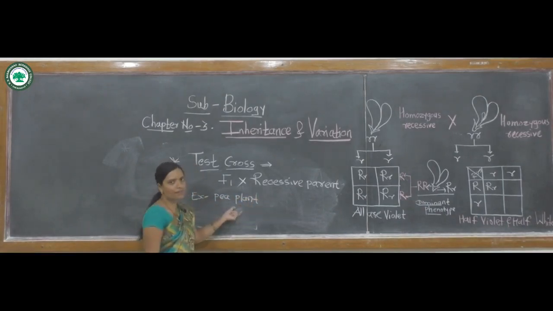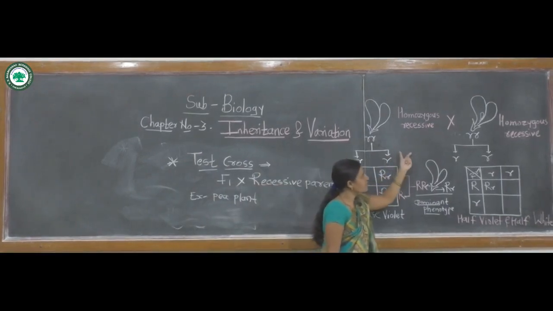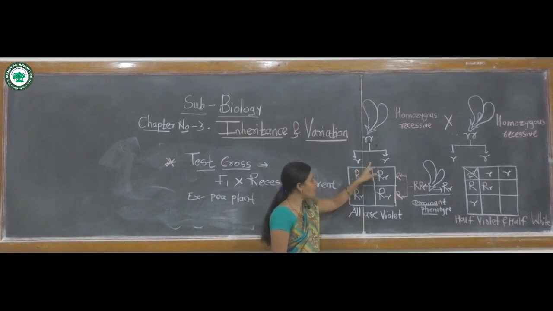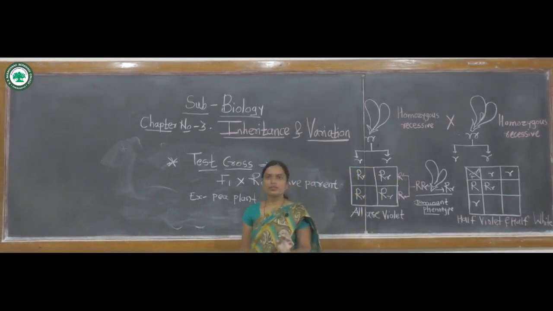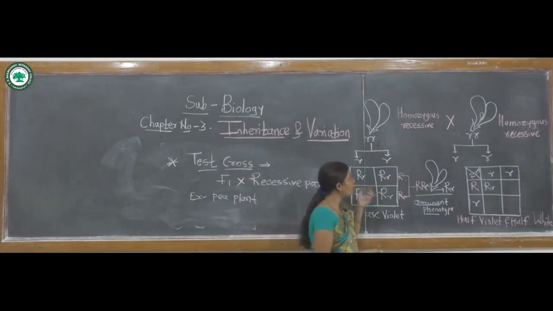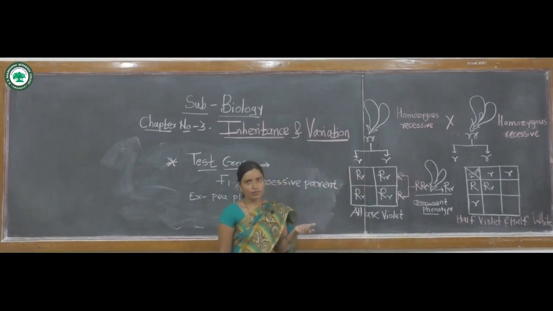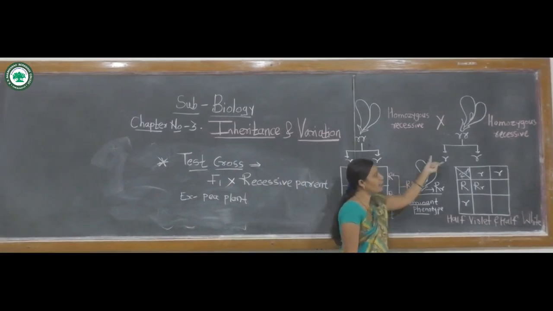In pea plants there are two types of flowers, homozygous recessive plants. This is a test cross, a cross with the unknown genotypes. The flower color: a violet flower is crossed with a white flower.